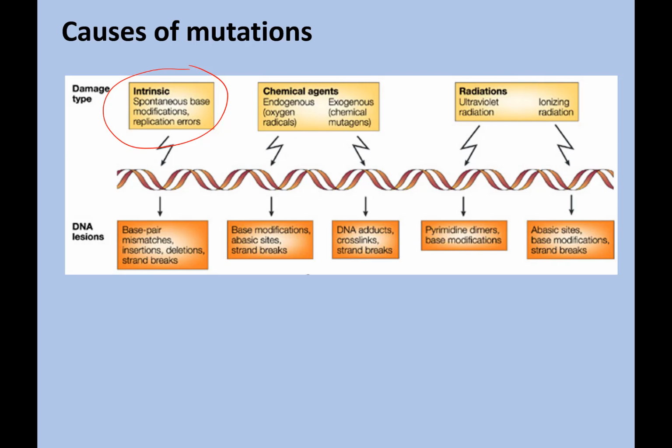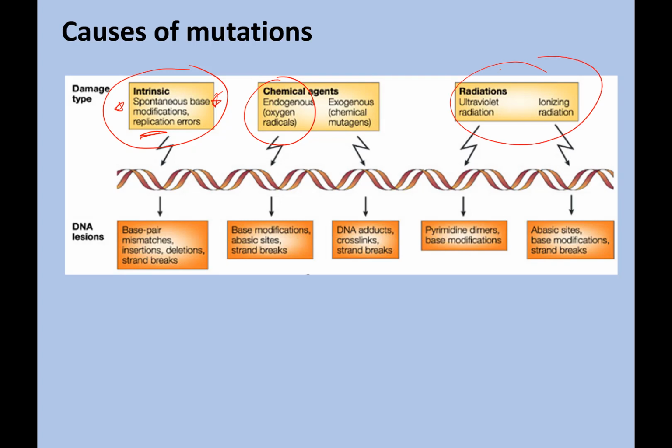So spontaneous means that sometimes there's issues with DNA replication. Base pairs will spontaneously kind of fall apart. Like I said, in metabolism, there's oxygen free radicals that can cause the bases, the ATGCs, to not look proper or not look correct, and so it interferes with base pairing, which is an issue with DNA replication.